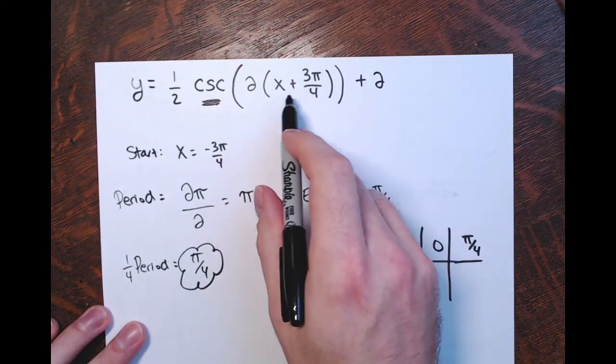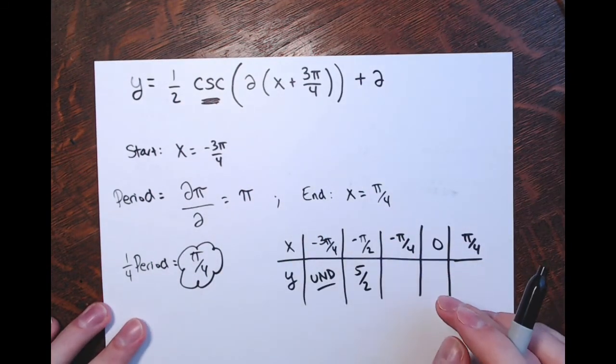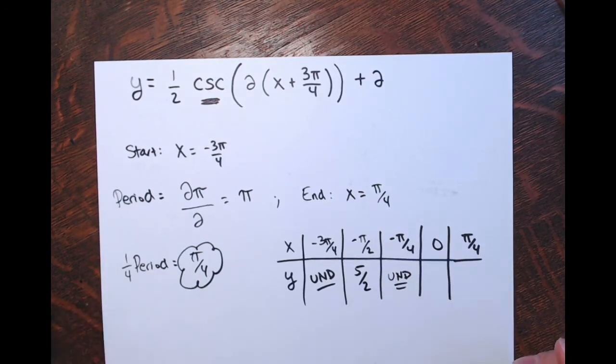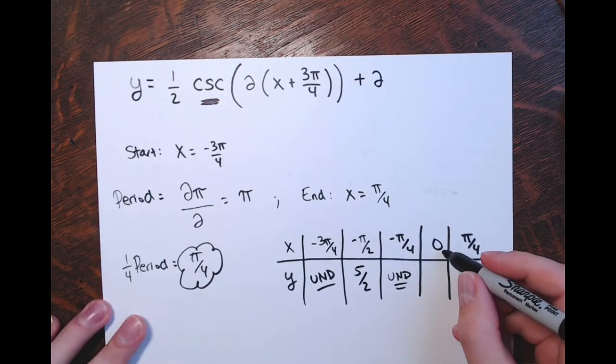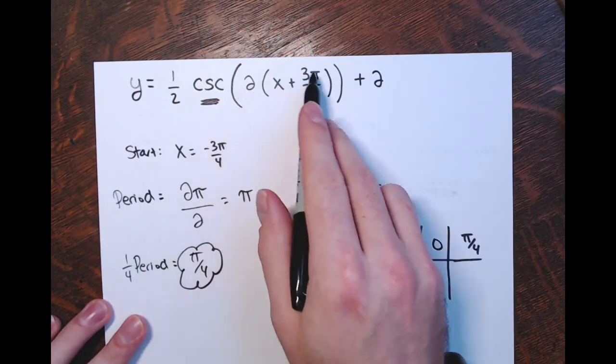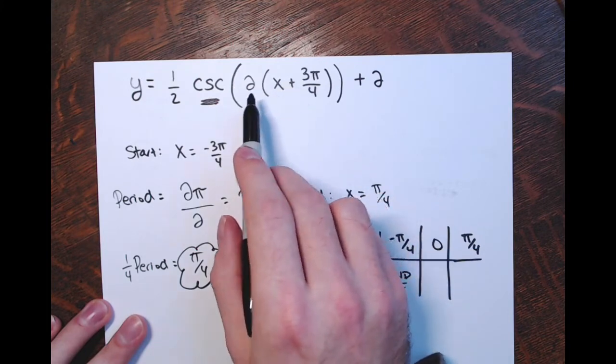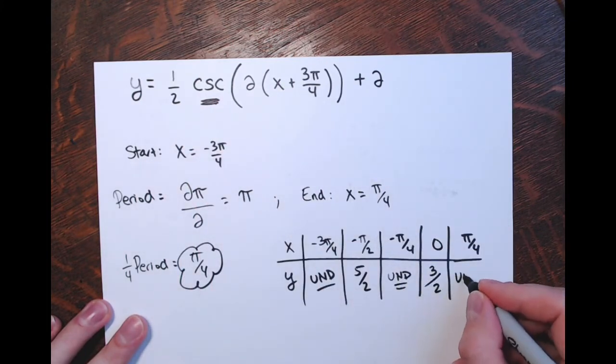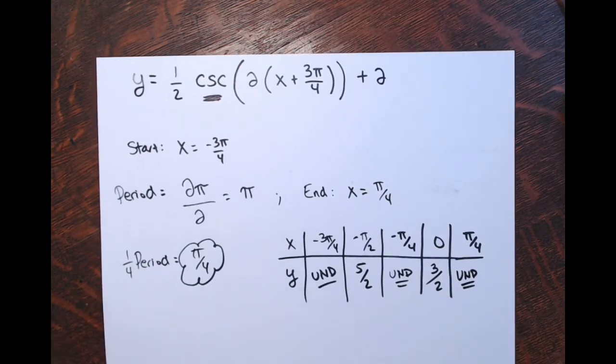Plug in negative pi over 4, I get the cosecant of pi, which again would be undefined. The sine of any multiple of pi is 0, so the cosecant of any multiple of pi is undefined. Plugging in 0, I get cosecant of 3 pi over 2, which would be negative 1, negative half plus 2 is positive 3 halves, and then again undefined. So lots of asymptotes here.